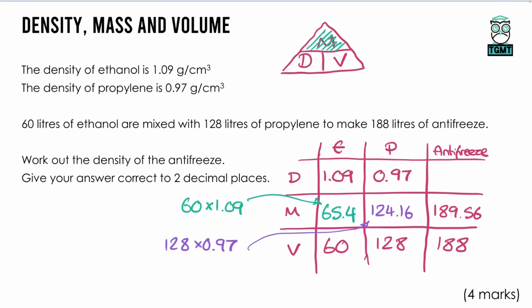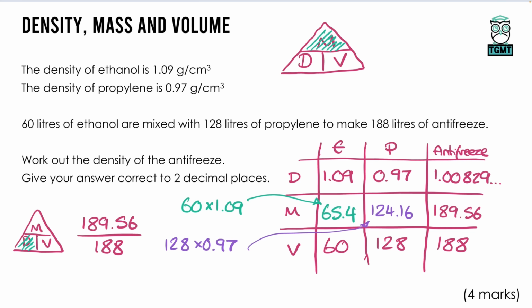And then again, looking at our density formula, density is equal to mass divided by volume. So to find the density, we'll do the mass divided by the volume, which is 189.56 divided by the 188. We'll just type that in on the calculator, and that gives us a final answer of 1.00829.